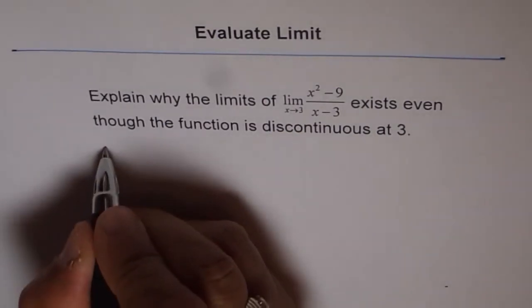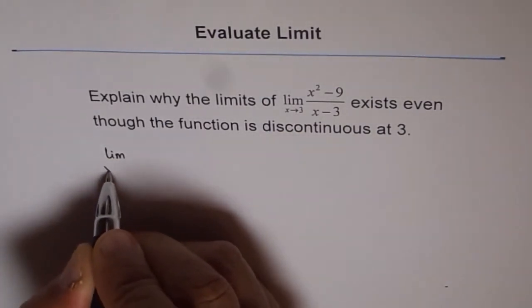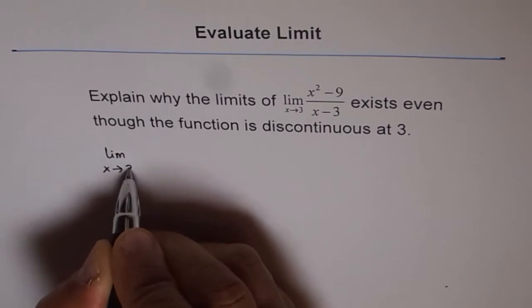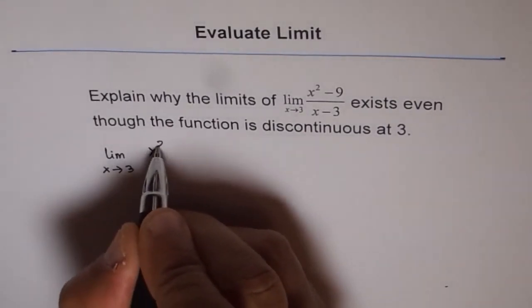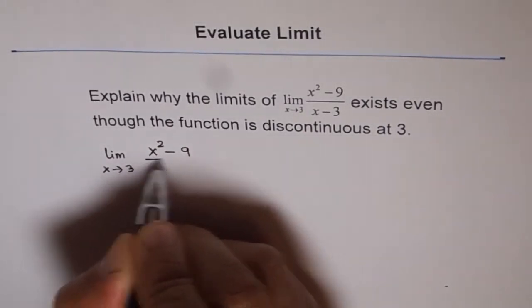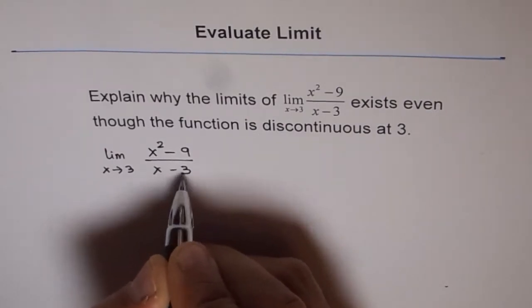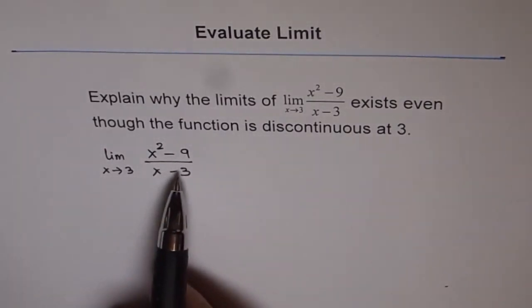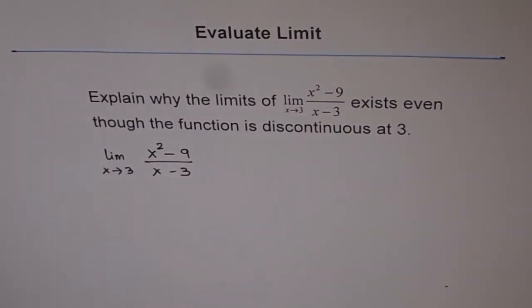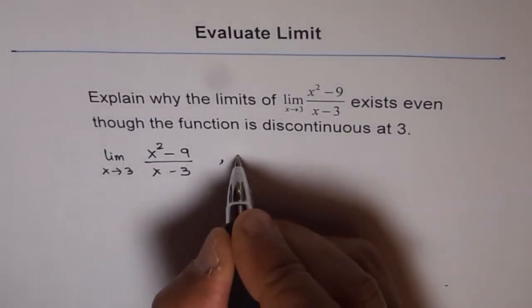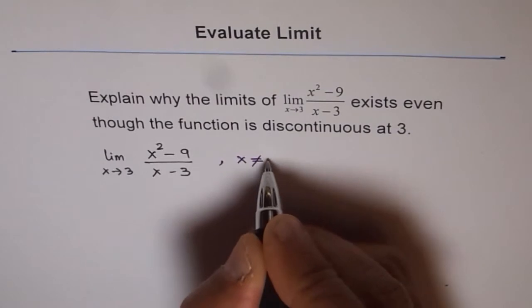First let me copy it as such: limit of x squared minus 9 over x minus 3. Of course, the restriction is that the denominator can never be 0, so x is not equal to 3.